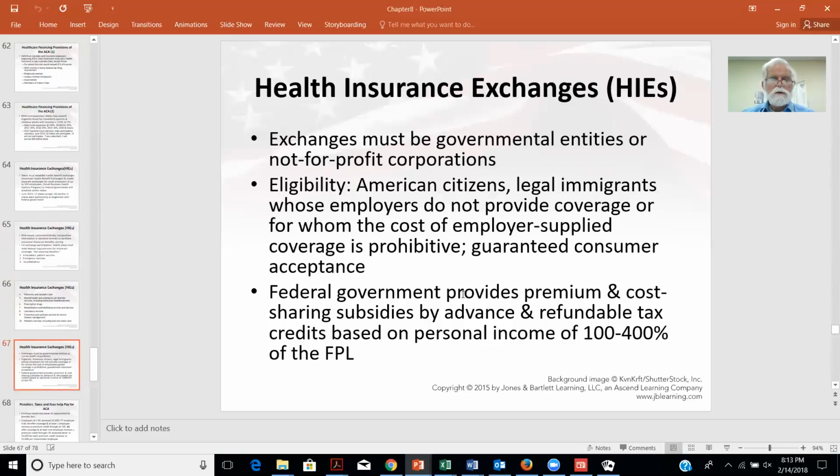There are some restrictions here. They have to be government entities or not-for-profit corporations. So we've taken a lot of overhead out. American citizens, legal immigrants, et cetera, are able to participate.